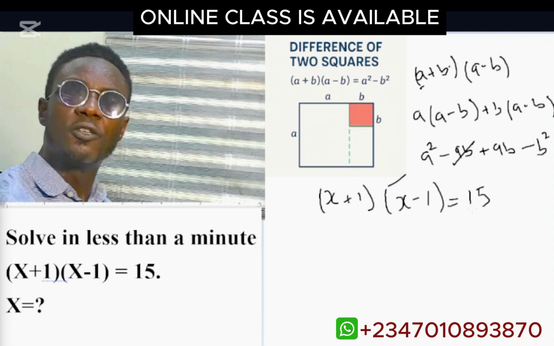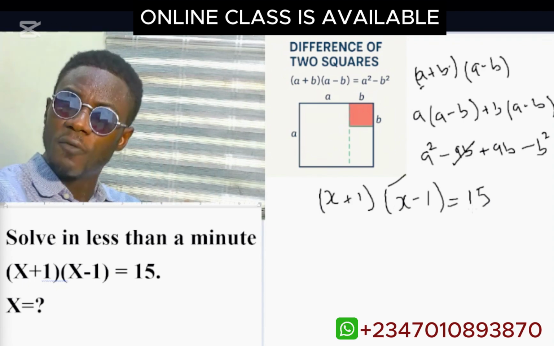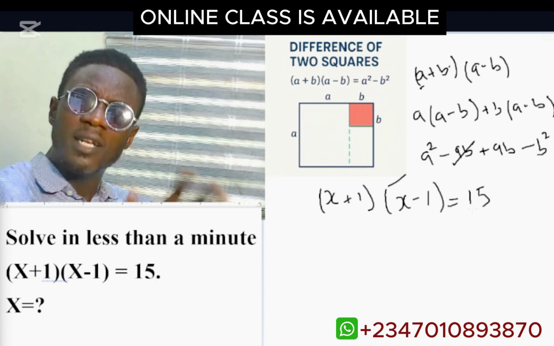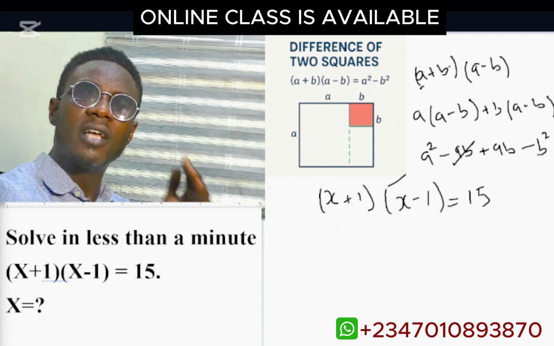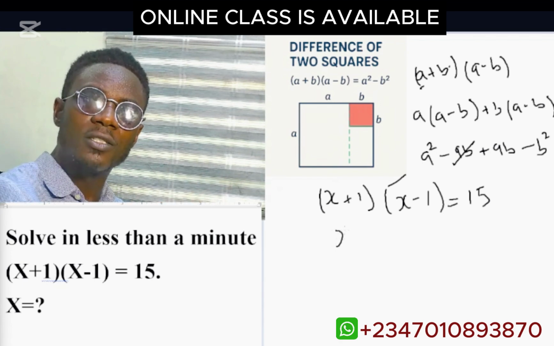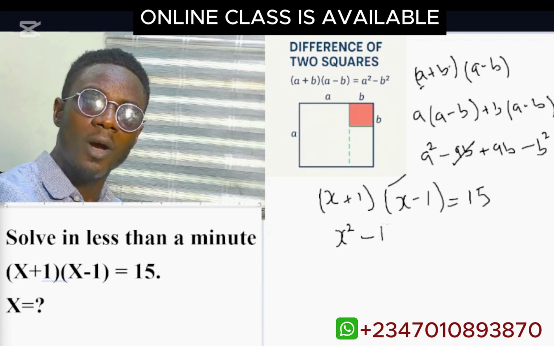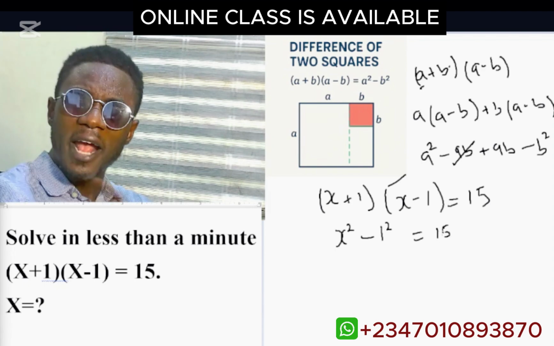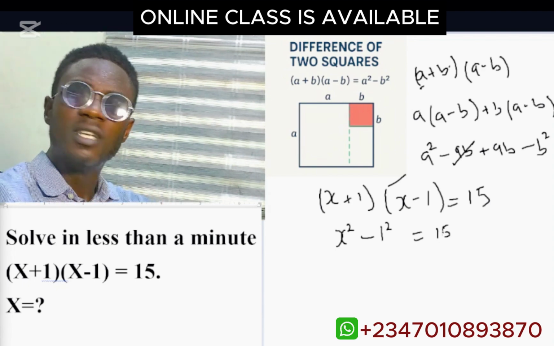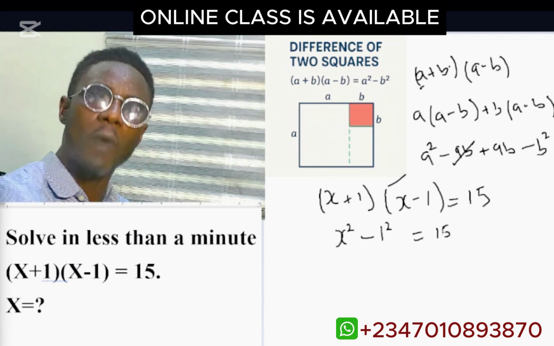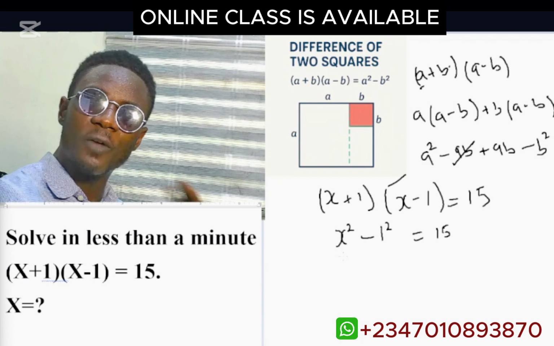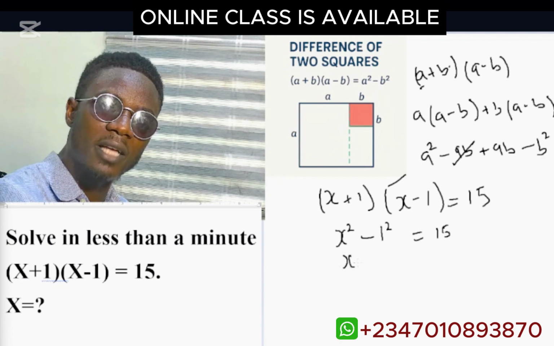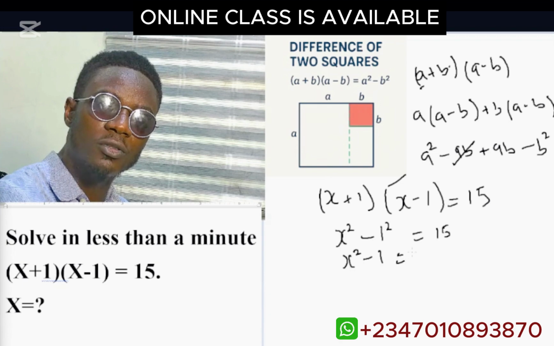Based on the identity we proved earlier, merely looking at (x + 1)(x - 1), we can easily simplify it into x² - 1² = 15. Once you are able to decode this expression, you have definitely solved this problem. Our 1² we already know is 1, so we can rewrite it as x² - 1 = 15.